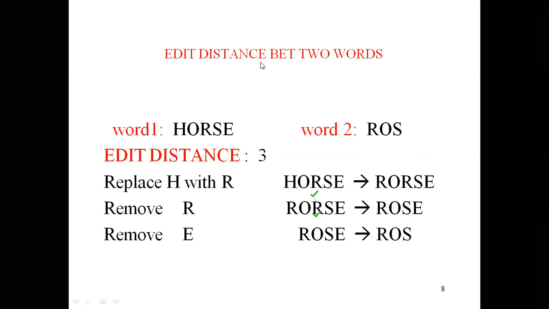Replace H with R, remove R, remove E. Three operations we performed. To convert the string HORSE to ROS, we need three operations. So that is why edit distance is 3.